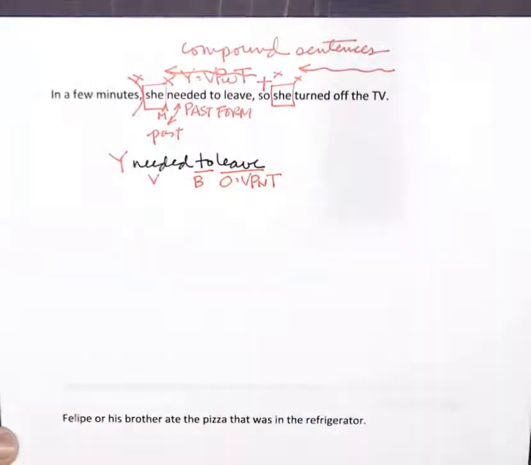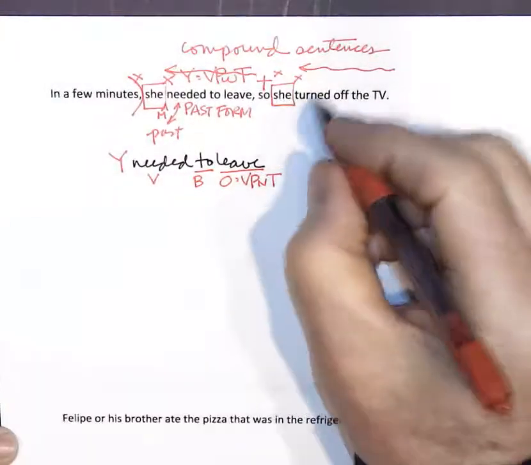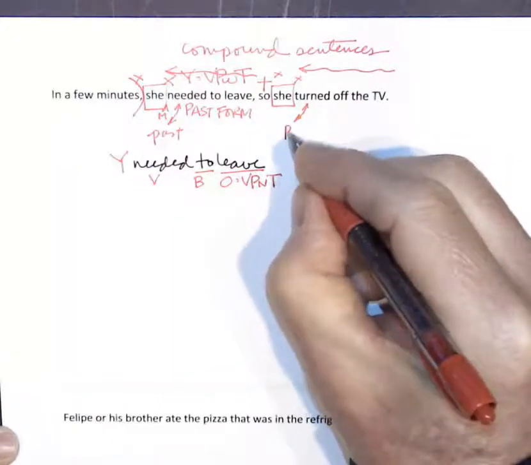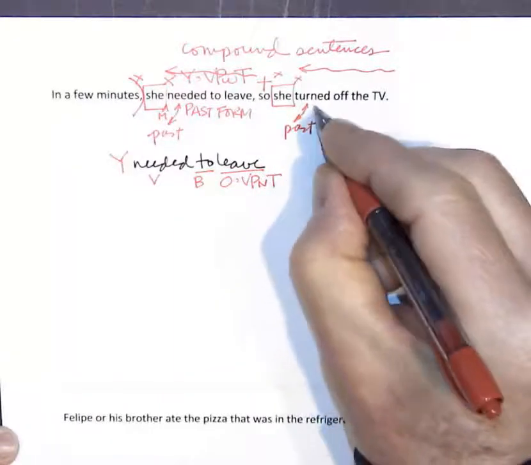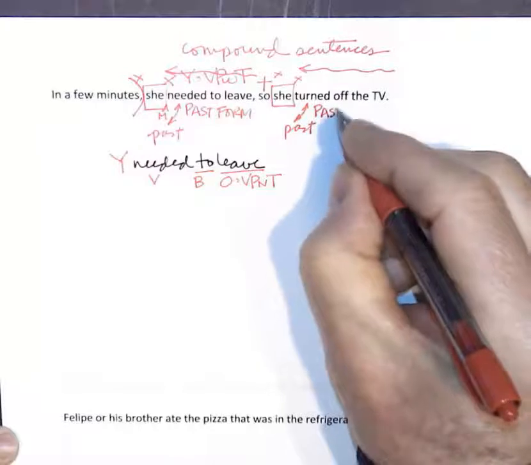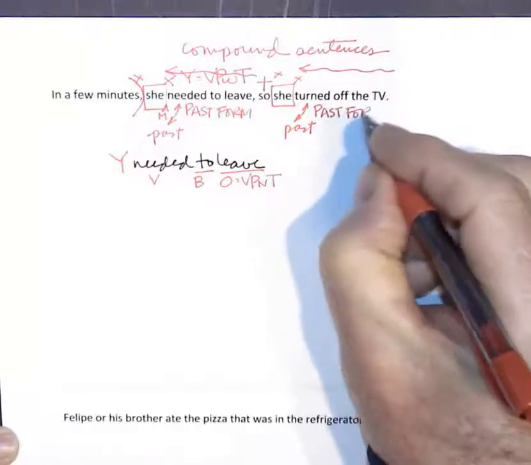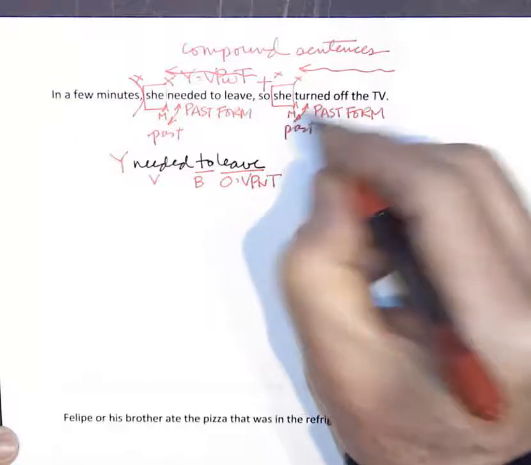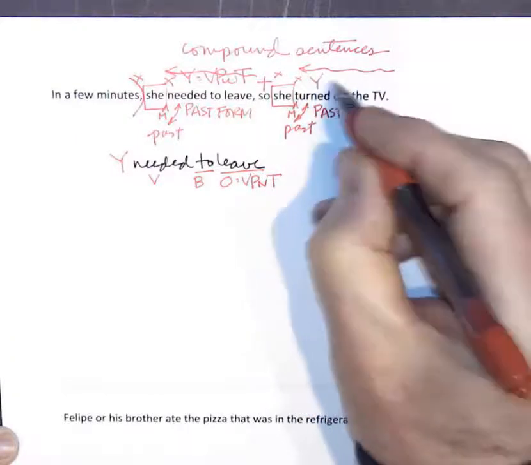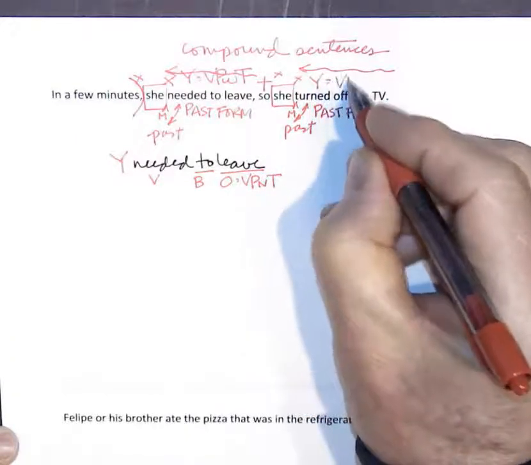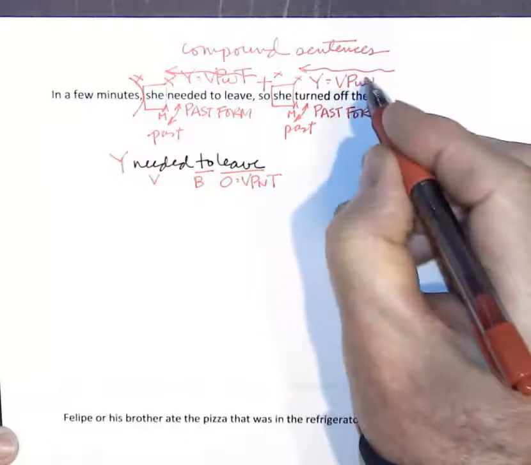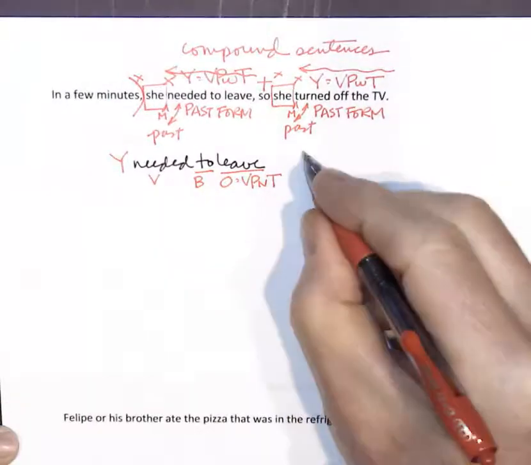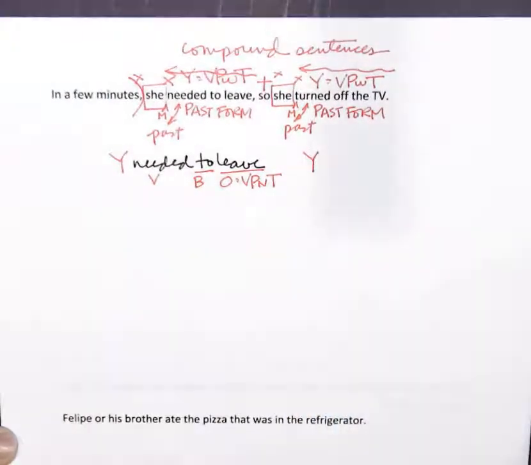Let's do this one. Turned ties with the past form. The M place is empty. The Y is turned off the TV. It's a verb phrase with time. Rewrite our Y.